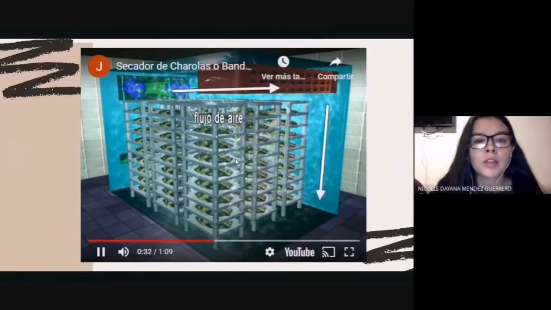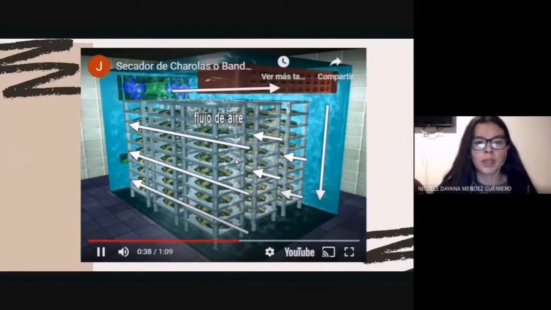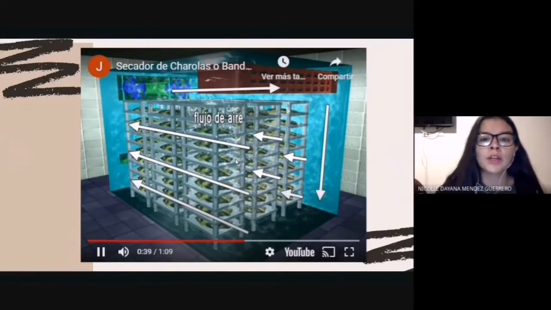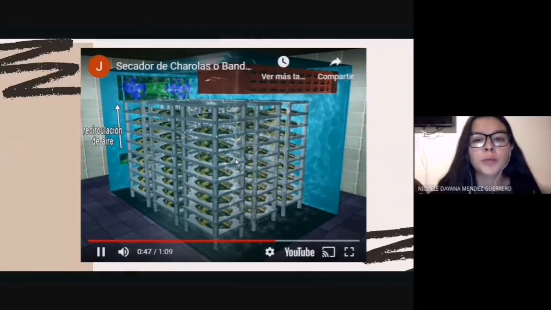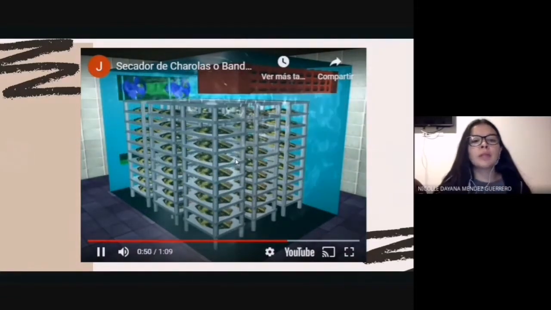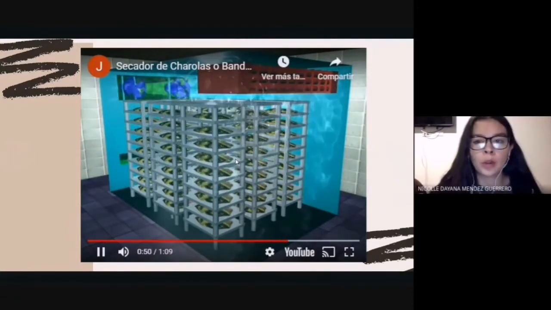Most air is continuously evacuated through the outlet duct and fresh air enters through the inlet opening. At the end of the drying cycle, the trays are removed from the chamber to proceed with the unloading of the dry product and will be replaced by others for a new lot.